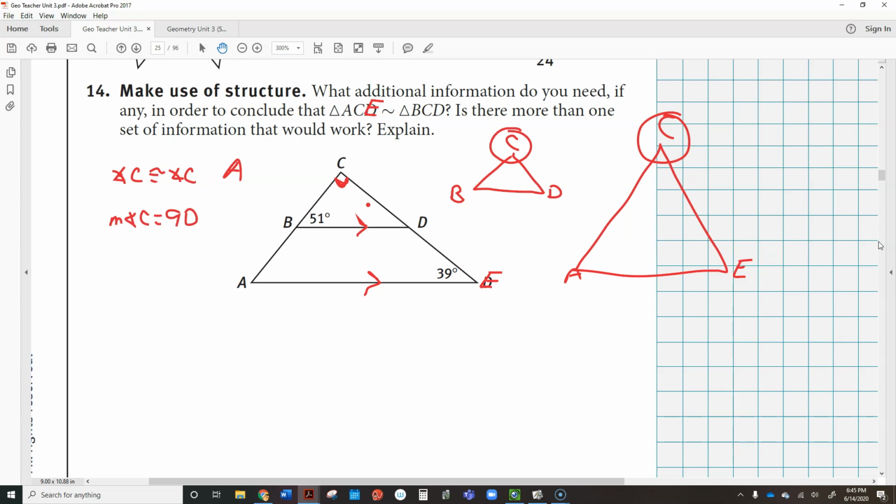I'd be able to calculate this angle, and it's going to be 39, because 90 plus 51 plus 39 gives me 180. So I either need to know that BD is parallel to AE, or I need to know the measure of angle C is 90. Either one of those pieces of information would let me use angle-angle similarity.